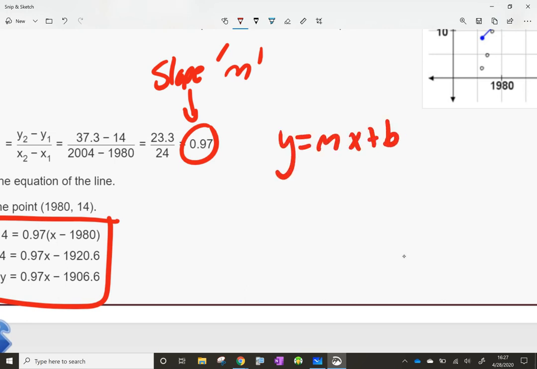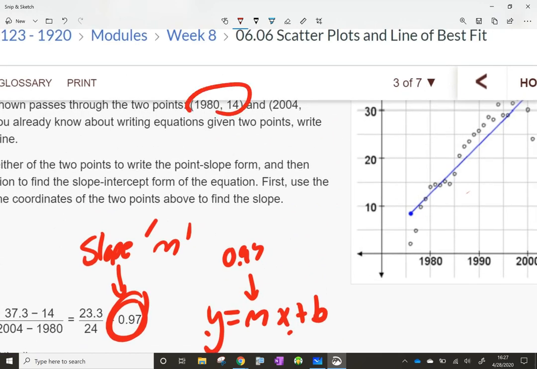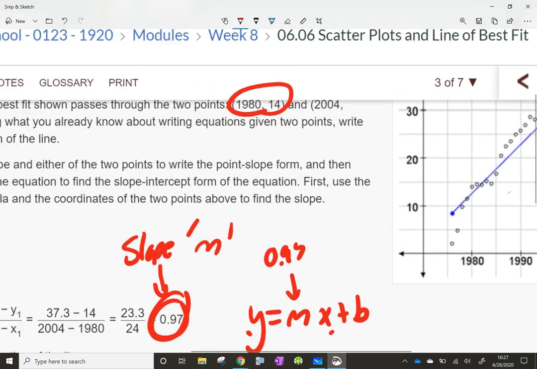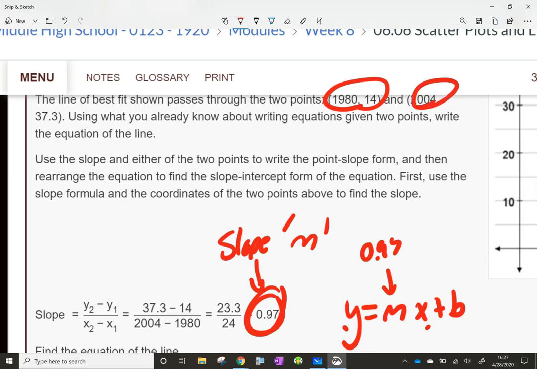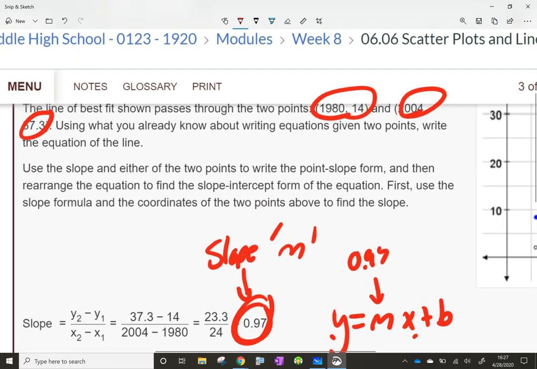Now, I already know the m because we just calculated it, right? It was 0.97, so I know that this is going to be 0.97. But I also need the y and the x. There are 2 points that were chosen, the 1980, 14 and the 2004, 37.3. So either of those will work. Just pick one of them and then use the x and the y from it.